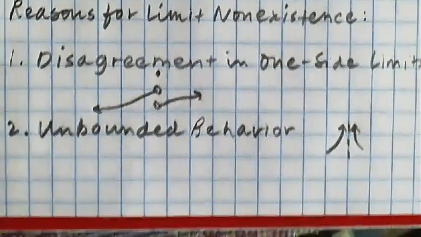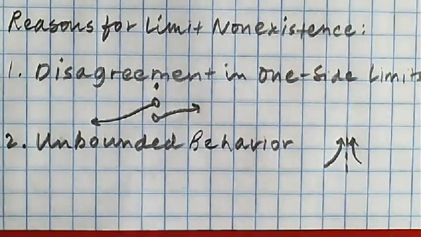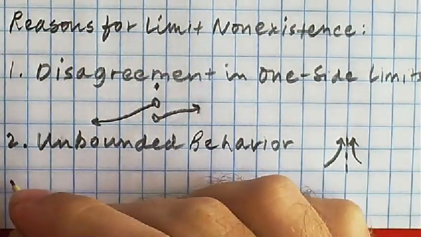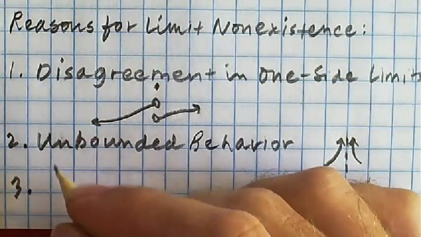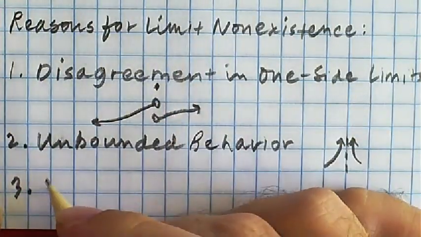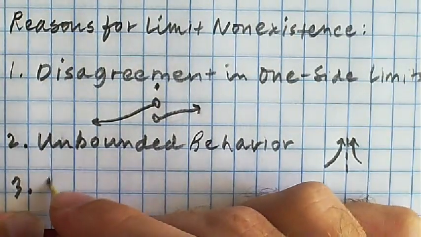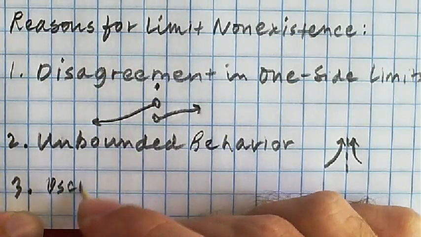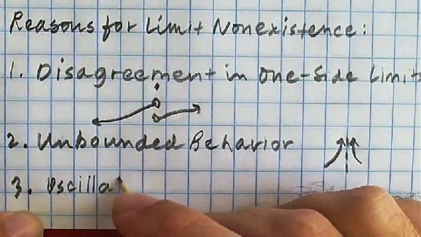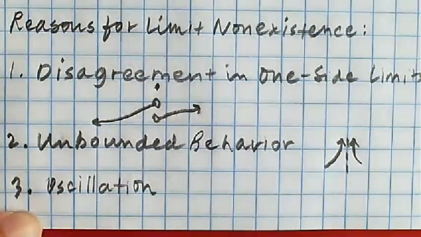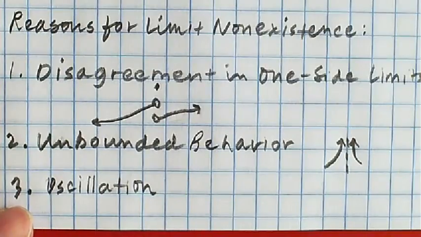And then lastly, the third one is that the limit doesn't exist due to oscillation. And this is not going to actually ever happen in this class, but I do need to make you aware of it.